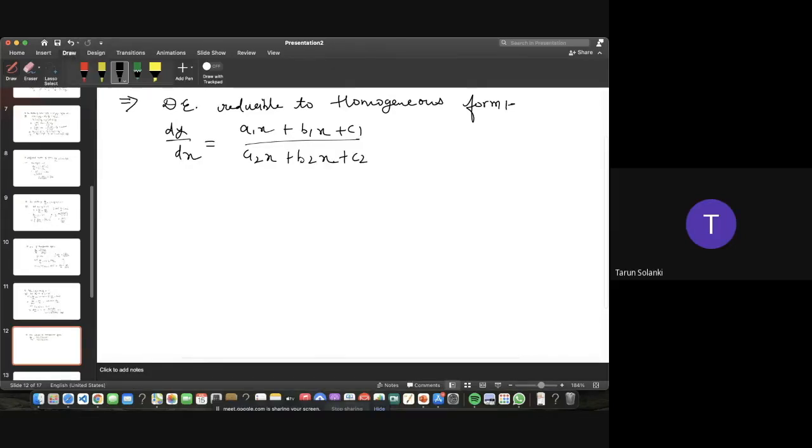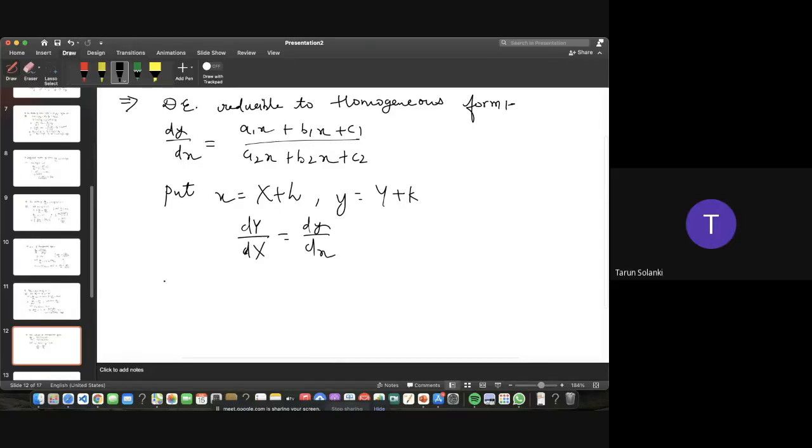where a1/a2 is not equal to b1/b2 can be reduced to homogeneous form by adopting the following procedure. First put x = X + h and y = Y + k, so that dy/dx = dY/dX.